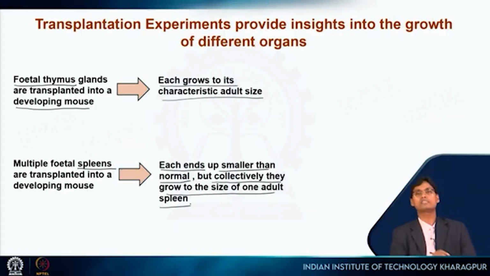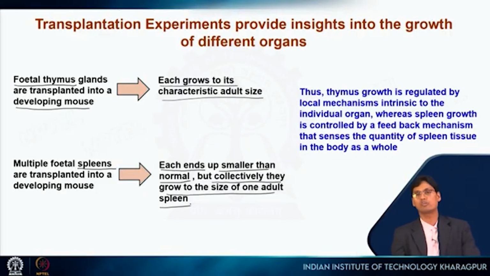This is very interesting: all those spleens didn't grow, they are of miniature size, but if you add them all together, you will find their total mass is that of a single spleen of a control mouse. As a result, we conclude that thymus growth is regulated by a local mechanism intrinsic to the individual organ.